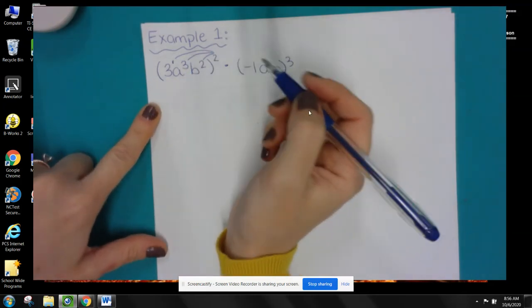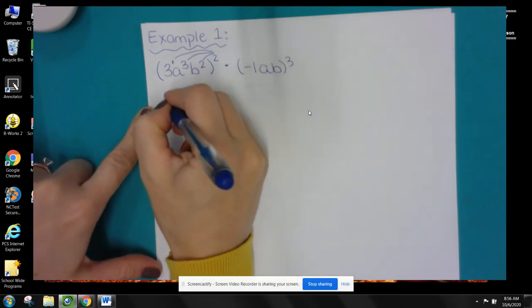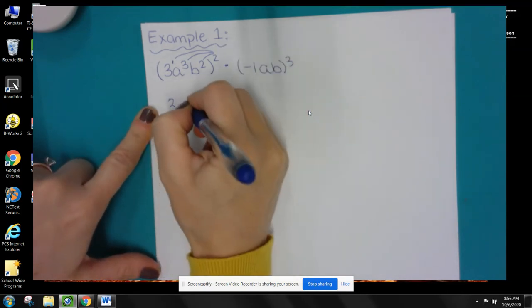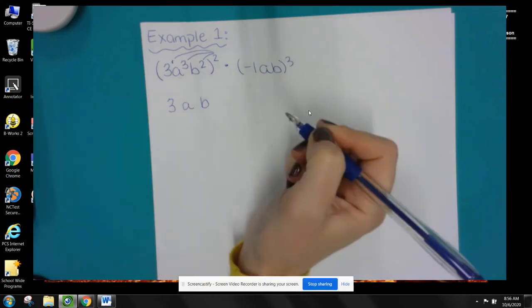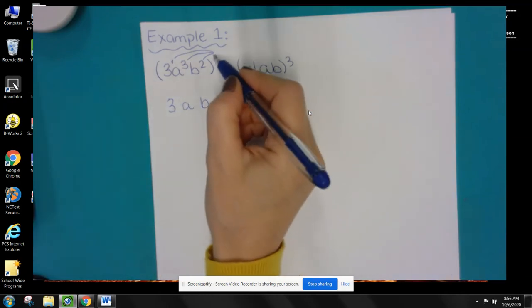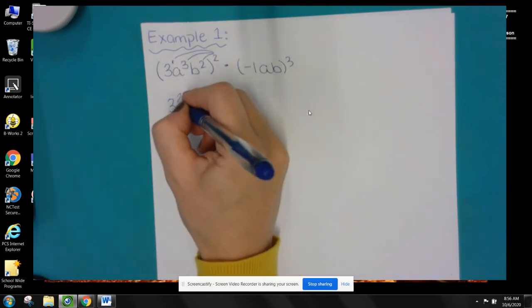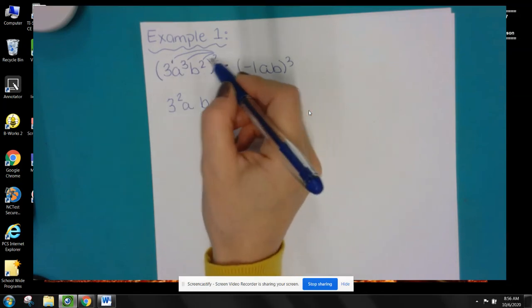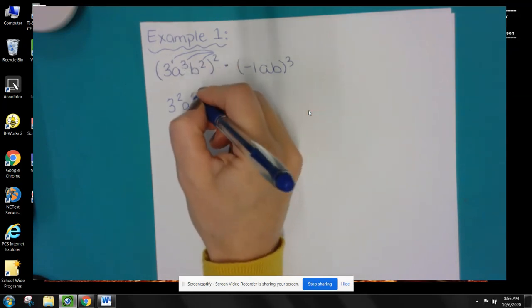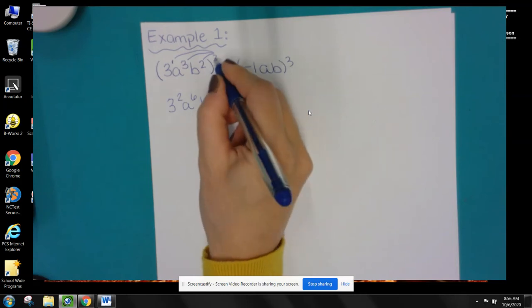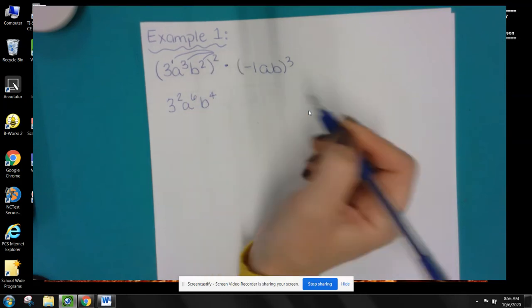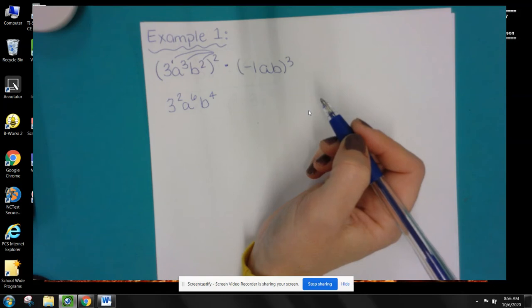And those will create my new exponents. So the bases are going to stay the same. The thing that's going to change is my exponents. So 2 times 1 gives me a new exponent of 2. 2 times 3 gives me a new exponent of 6. And 2 times 2 gives me a new exponent of 4.